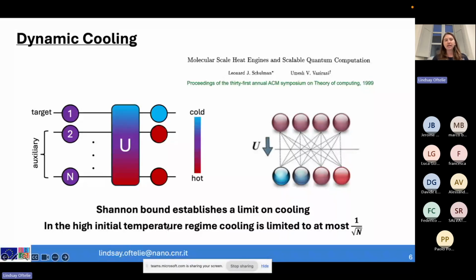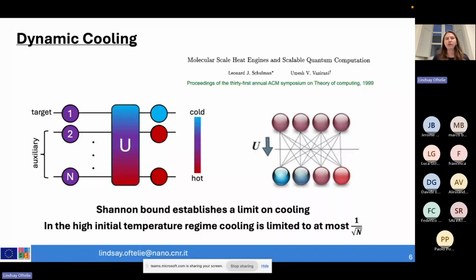And they found that in this high initial temperature regime, cooling was limited to at most 1 over the square root of n. So this is very poor scaling with number of qubits. Since these NMR quantum computers started at such high initial temperatures, they were seeing that they were going to need on the order of tens of thousands of qubits to just cool a single qubit down to a reasonable level. So this wasn't going to work.